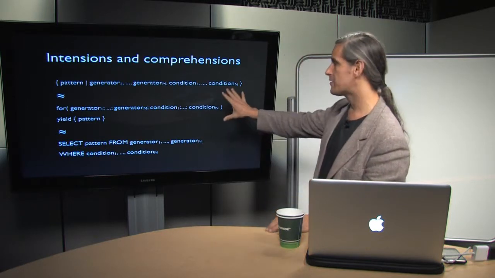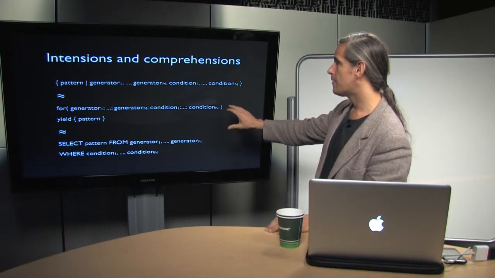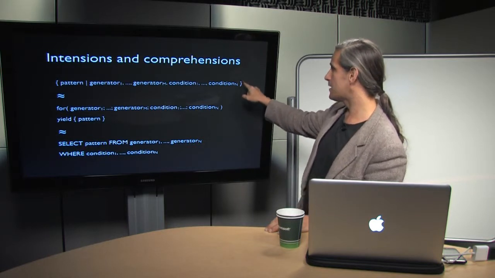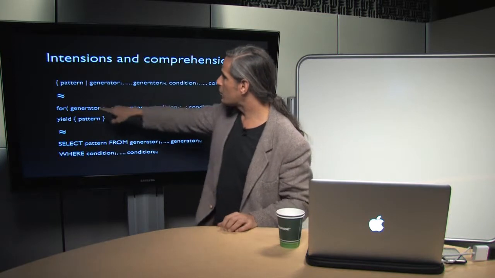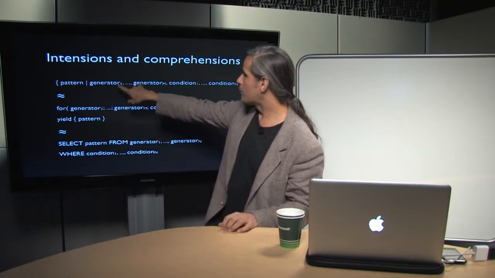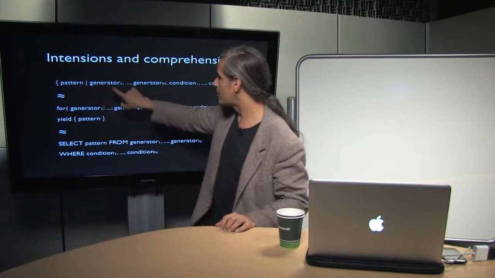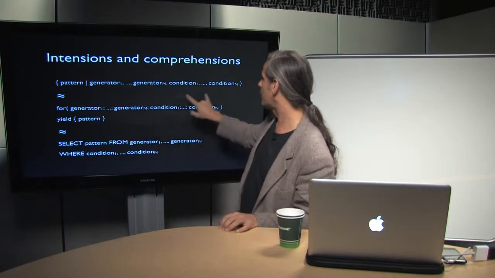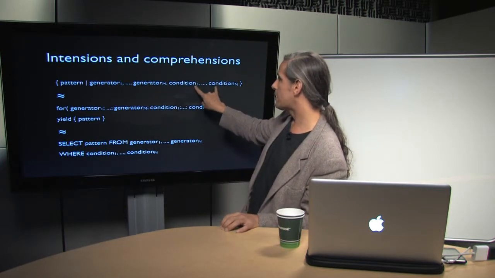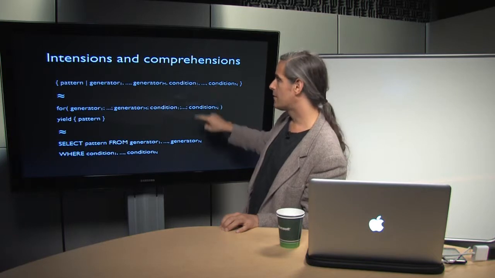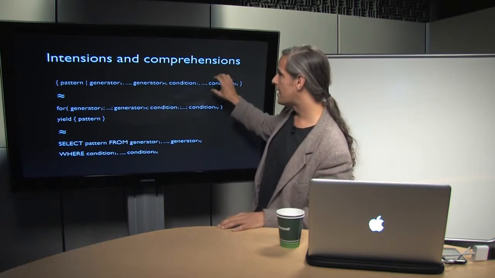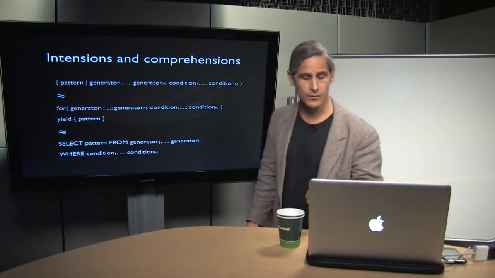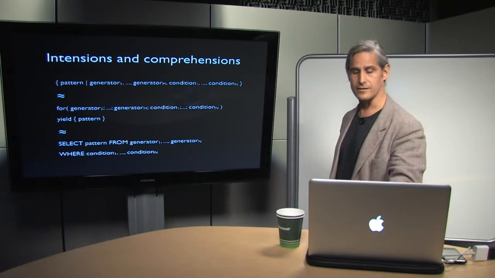And we have to have a notation like this because, in the case of sets, we either list them all out or we say, give me some pattern where I'm filling in elements of the pattern from these sources only in the case that they satisfy those conditions. So that syntax, or some variant of that syntax, is a necessity if we want to be able to handle these infinitary collections.